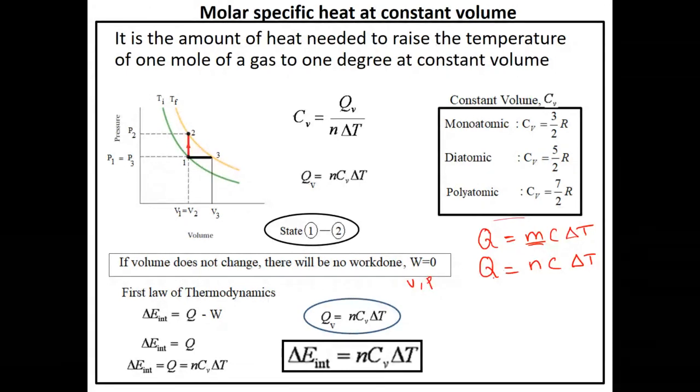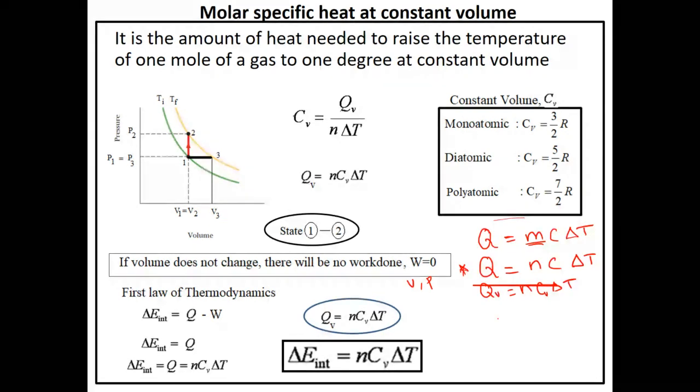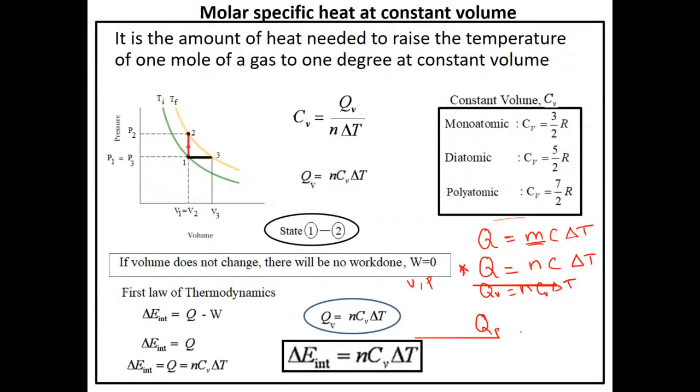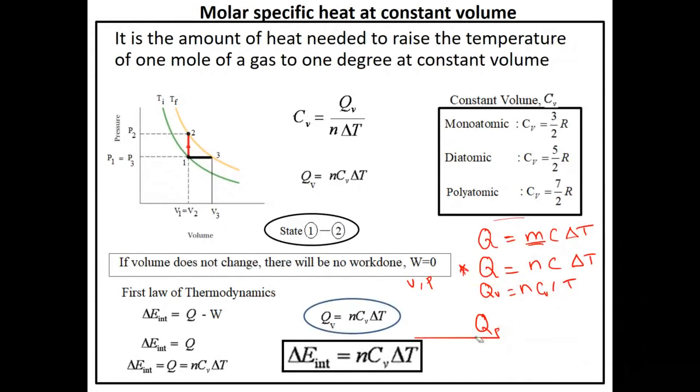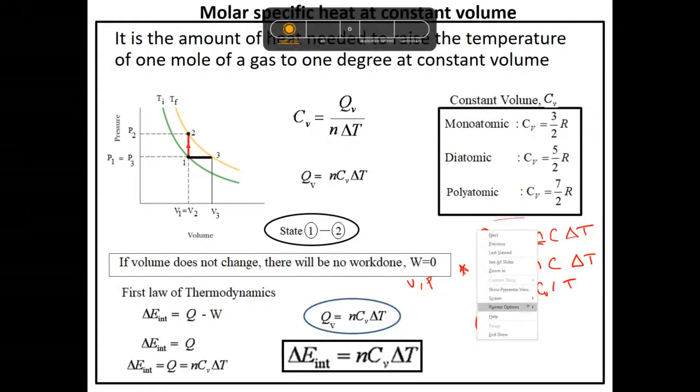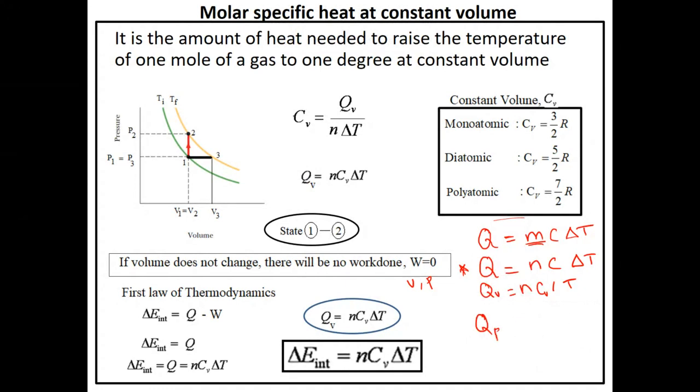If you have constant volume, you write Q_V equal to n C_V multiplied by delta T. If you want to write the equation for constant pressure, how can you write it? Q_P is equal to n C_P delta T. Clear?